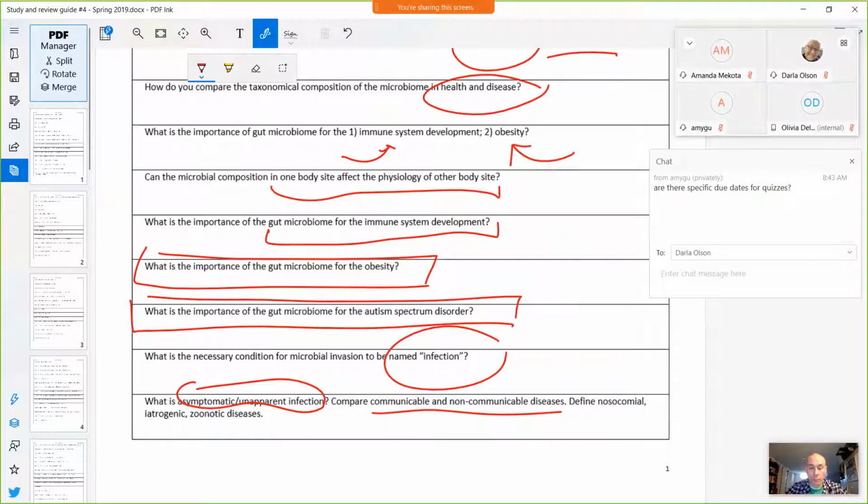Now, nosocomial versus iatrogenic. Sometimes folks get confused. Nosocomial disease is the disease because you were in the hospital. That's it. You just were there. Iatrogenic is the disease that results from the medical treatment.